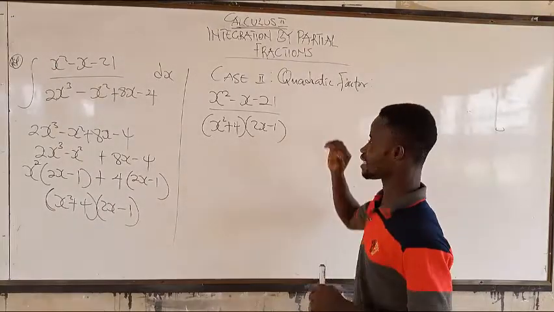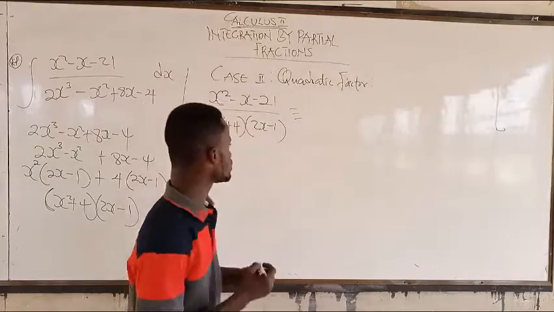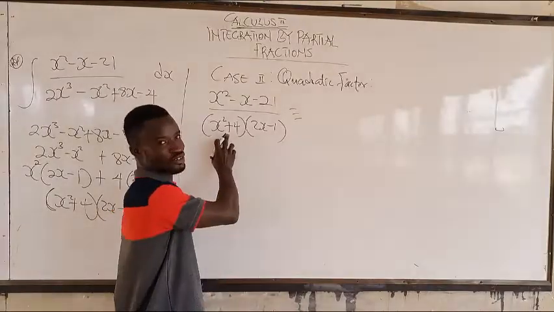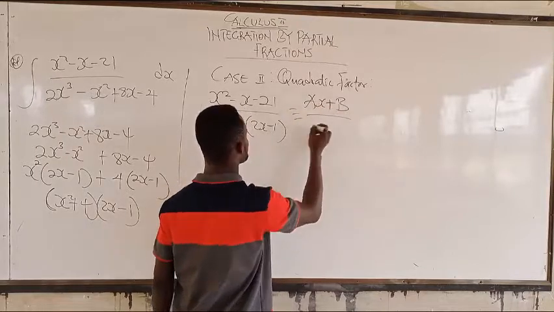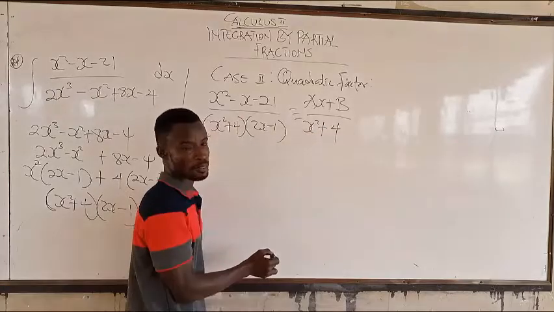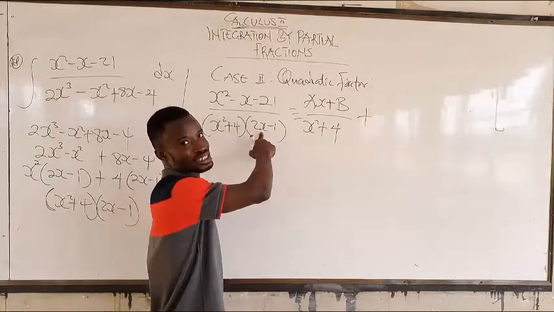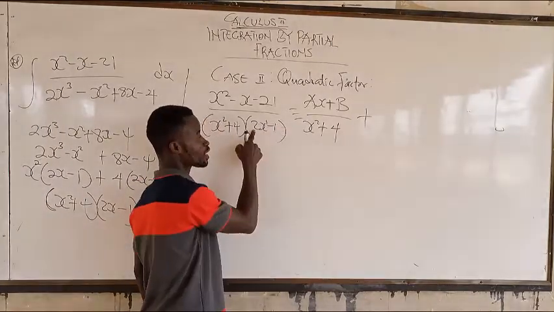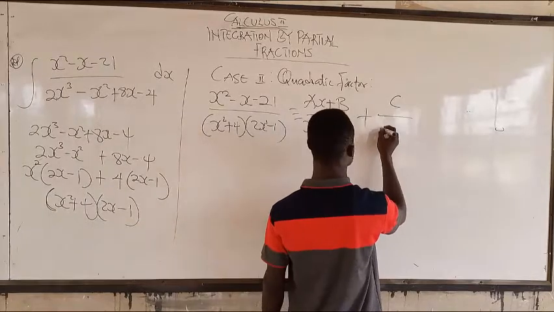So that is going to be in the form: this is identical to, there is a quadratic here, so As plus capital B over s squared plus 4, plus what we have here is not quadratic, it's linear because the power is 1. We don't care about the coefficient. So C over 2s minus 1.